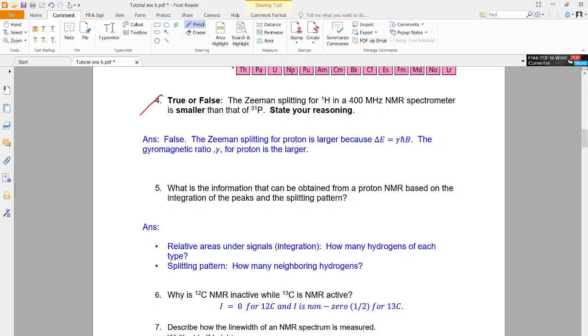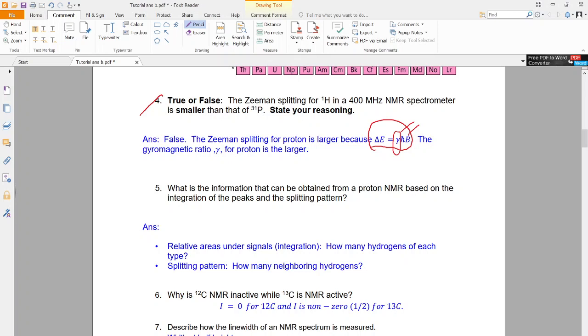what is the energy of the splitting. So the energy of the splitting is equal to this. Now, you have to think: this H bar is a constant, it doesn't matter which nucleus you're looking at. The magnetic field is also constant. So what is different is the gyromagnetic ratio.